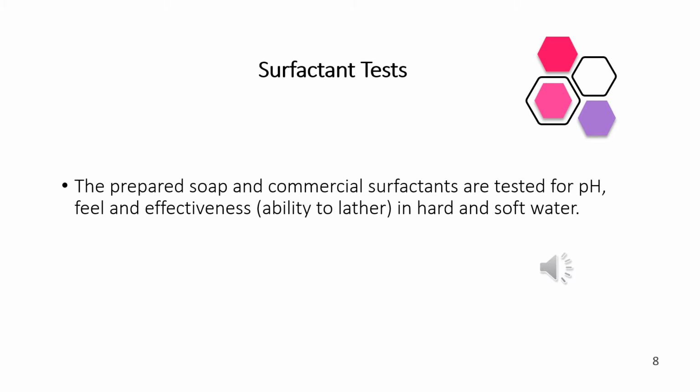So, the prepared soap and commercial surfactants are tested to check their pH value and their effectiveness, whether they are effective at producing lather in hard or soft water. When the soap and commercial surfactants pass all the tests, they go toward the finishing process.